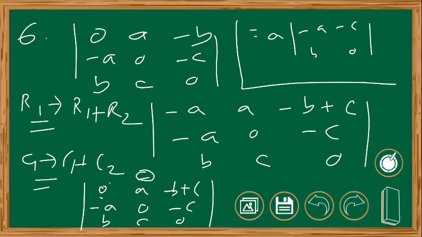Then again minus b plus c will be left, right? This will be plus, and the things which will be left here are minus a, 0 and b and c. Clear? So if I multiply, here you can see a will be multiplied by minus a into 0 and minus minus it will be plus bc. So first term will be abc, and minus b plus c will be multiplied by minus ac.